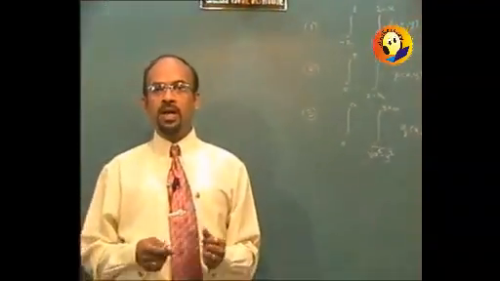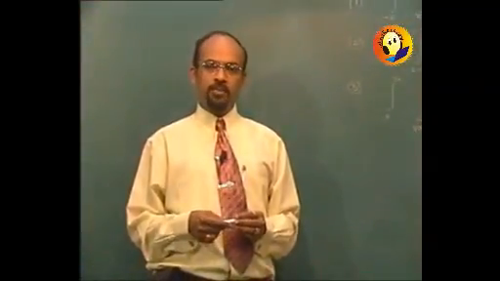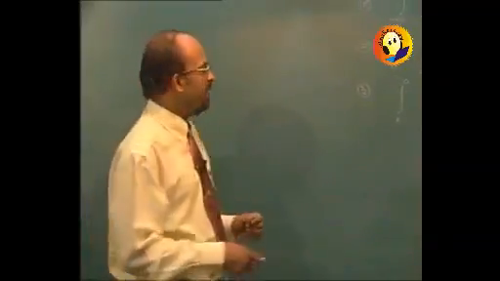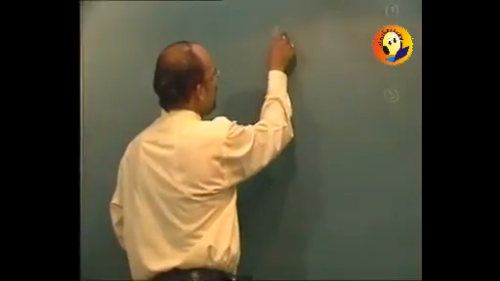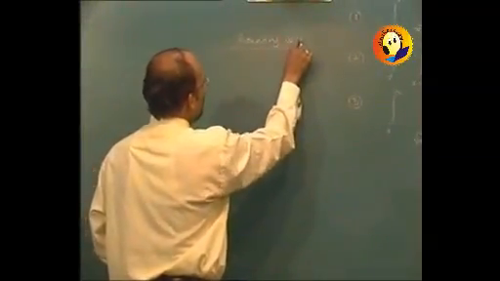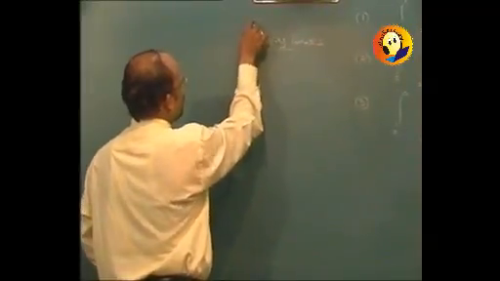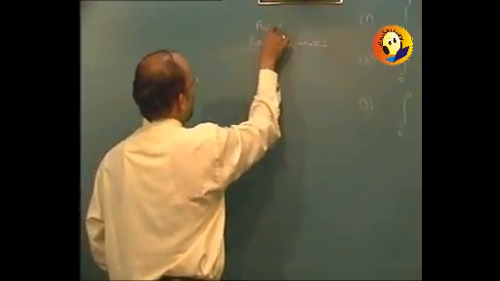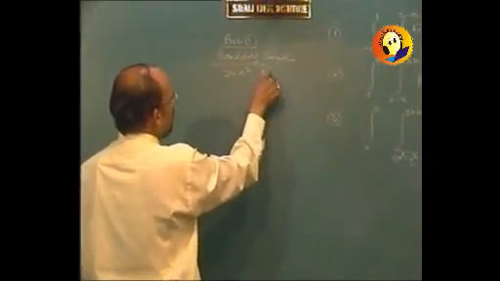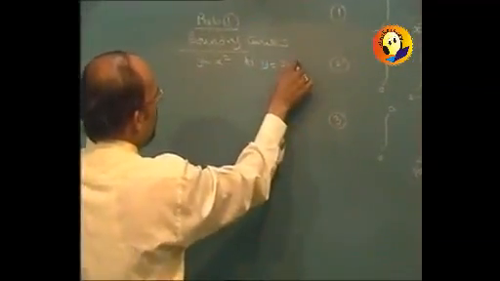So the boundary curves can now directly be written as, limits are in x, these are values of y, and so boundary curves for the first problem will be y equal to x square to y equal to 2 minus x.